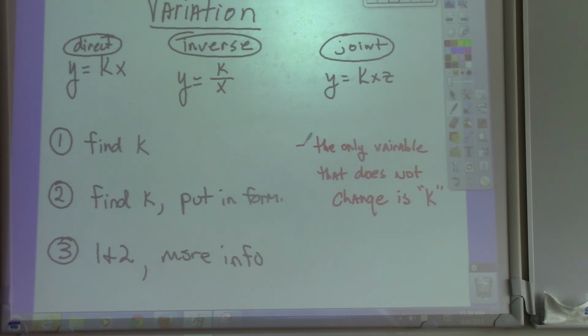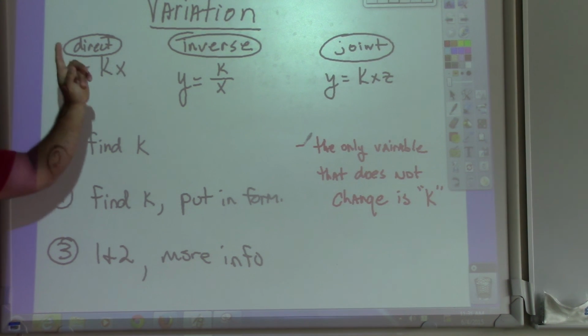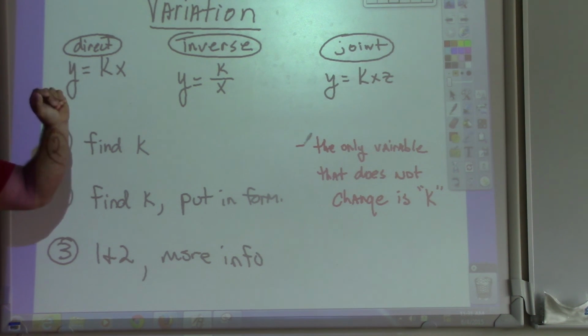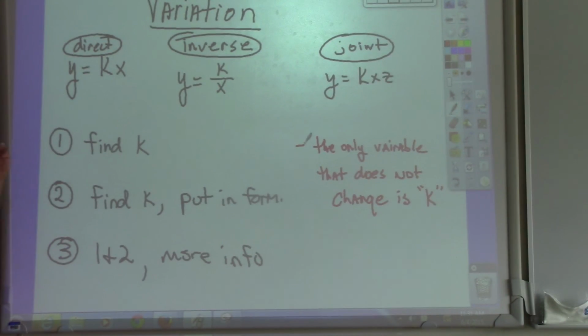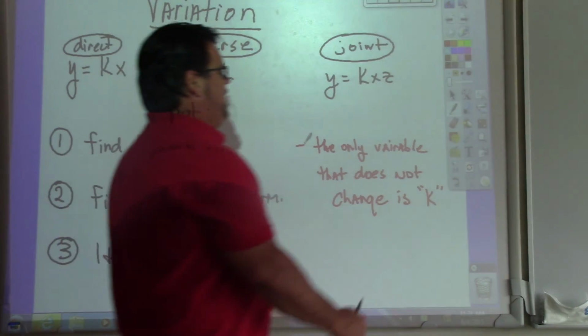And of course, concrete would be C, and water would be W, instead of X and Y. And it says varies directly, so it would be C is equal to K times W. See what I'm saying? So the variables will change, but the only one that does not change is K.